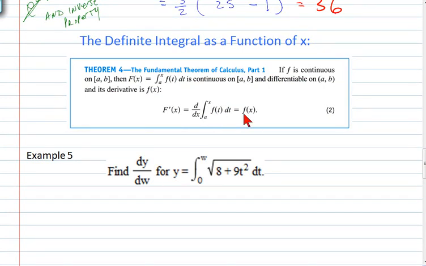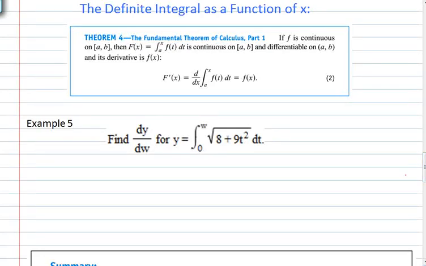So example 5, we're asked to find dy/dw for y equals the integral from 0 to w of the square root of 8 plus 9t squared dt. Based on Theorem 4, which is the first part of the fundamental theorem of calculus, this is going to be the square root of 8 plus 9w squared.